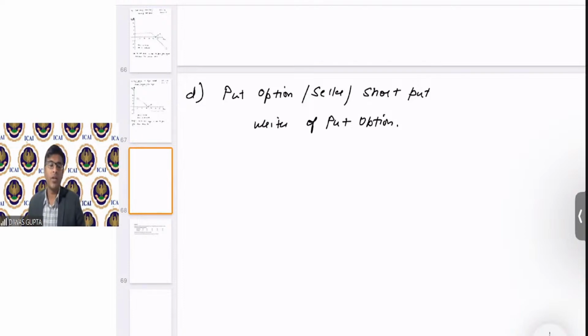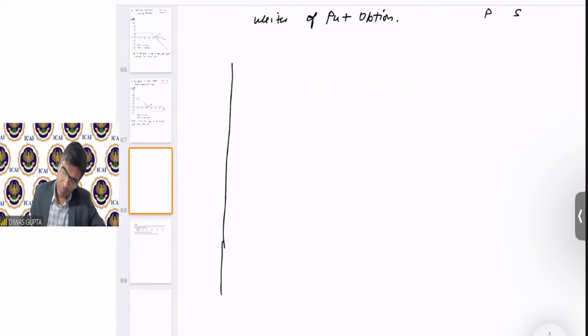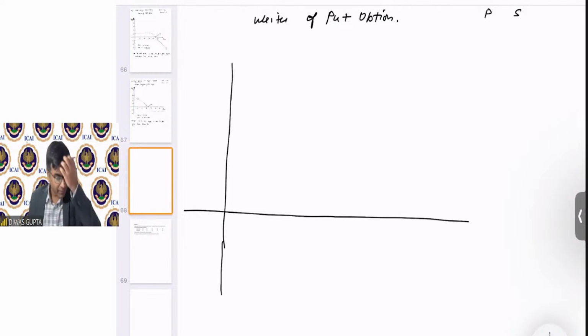From this party's point of view, what will be the payoffs chart if we make strike price 40, premium 5? Net payoffs, price.